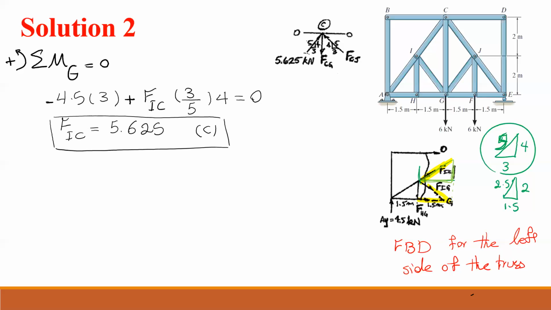All right. So the next step is to find FCJ. What is FCJ? Because I want to find FCG. Okay, so if you look at joint C, these forces are zero force members. This force and this force are zero force members. I already found this member, which is CI.